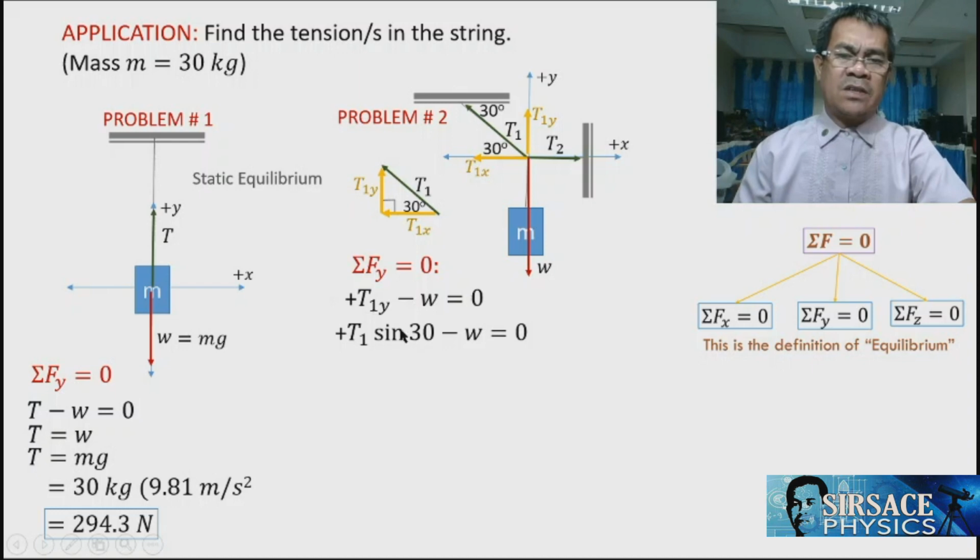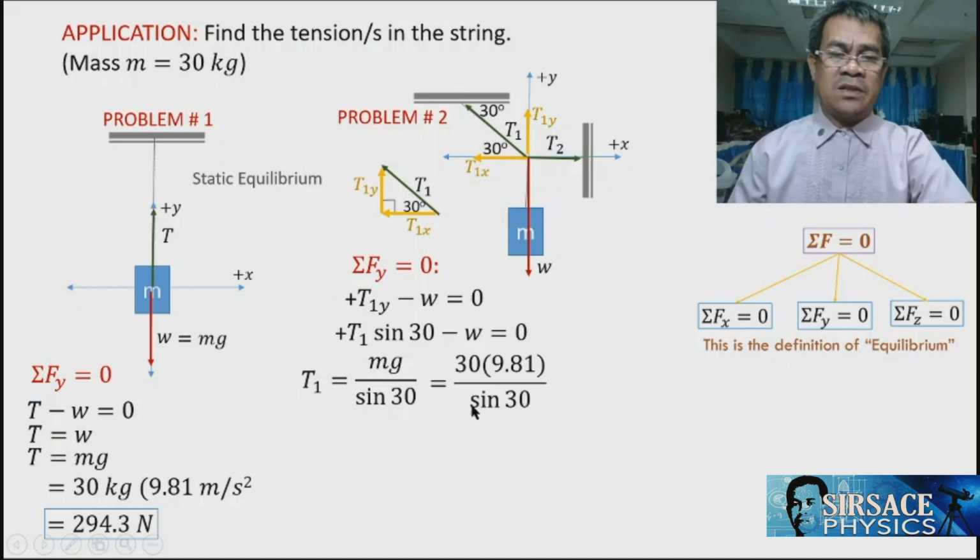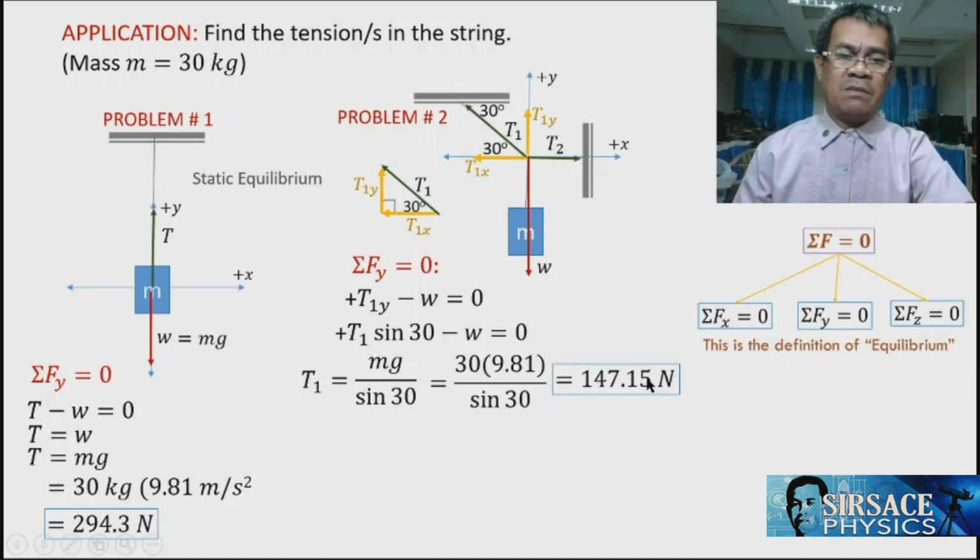So therefore, substituting the angle, this is T1 sine 30, then equal to W, transpose W, then W is mass times gravity. So then, divide both sides by sine 30, then the answer is 147.15 newtons. This is the tensile force exerted by T1.